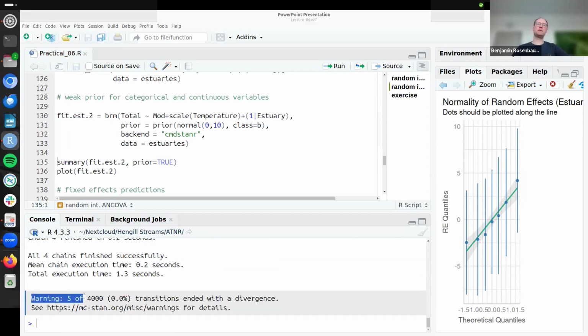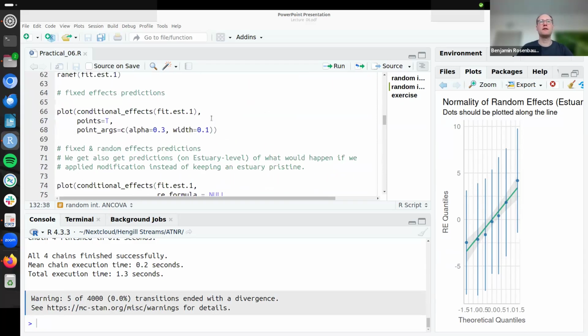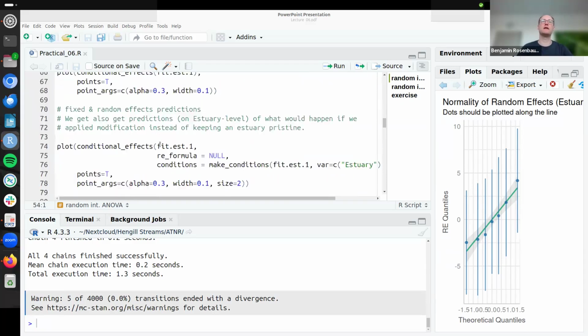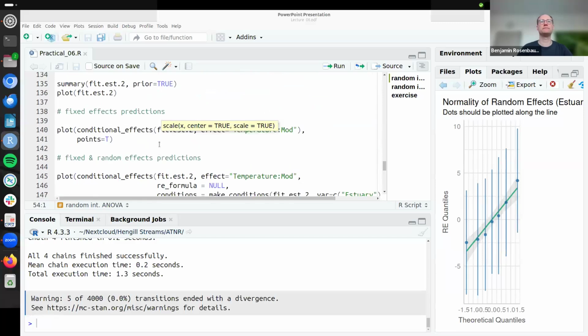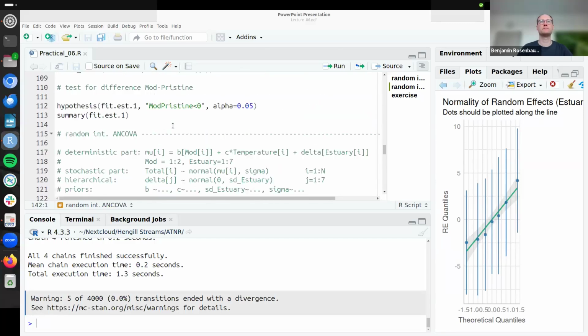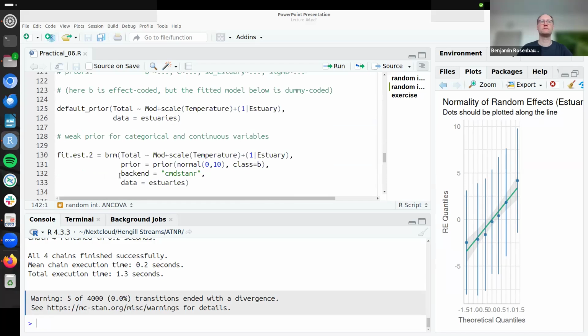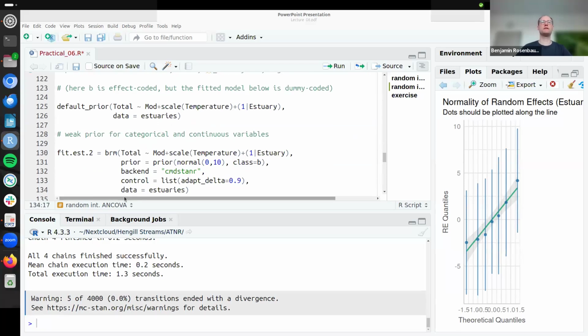Again, here are some divergent transitions. Again, I mean, with 5, this 5 is, I would say, still okay. So 5 divergent transitions of 4,000. I wouldn't bother too much about this, but we could also specify to run this with a larger adapt delta to get rid of these divergent transitions.